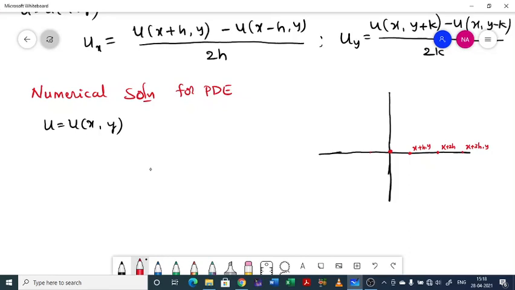Similarly, this will be x minus h comma y, x minus 2h comma y, x minus 3h comma y, and also x comma y plus k, x comma y plus 2k, x comma y plus 3k.